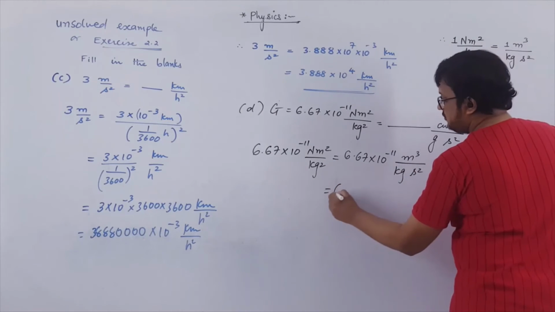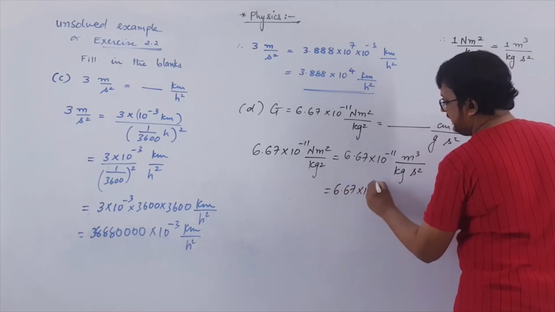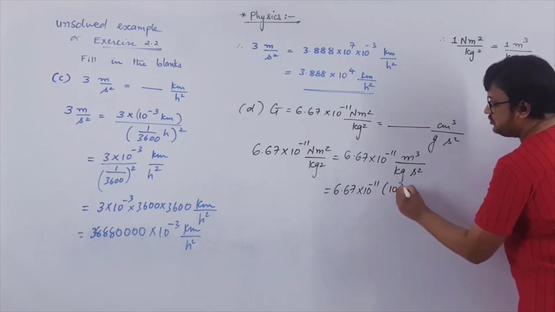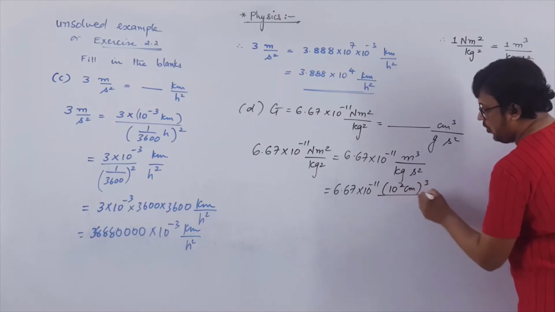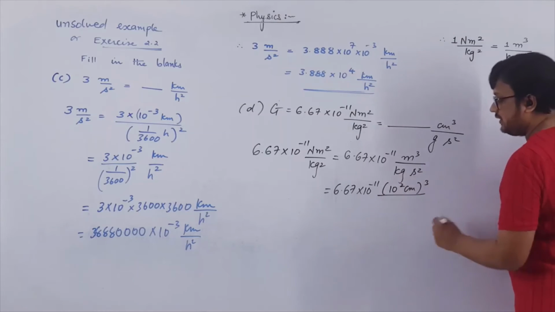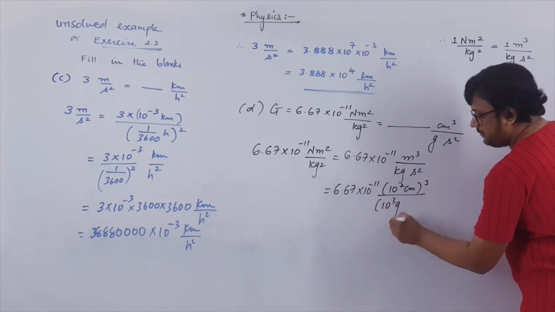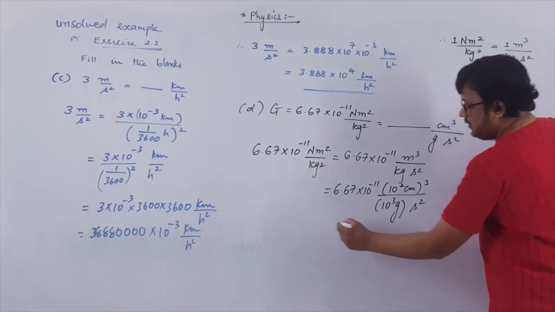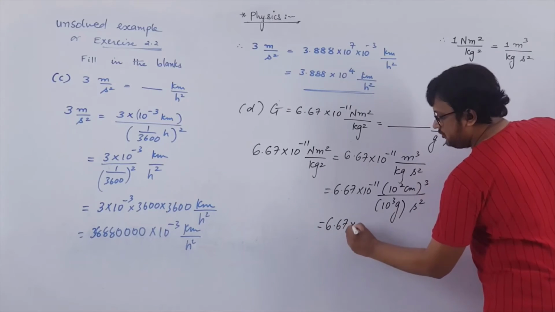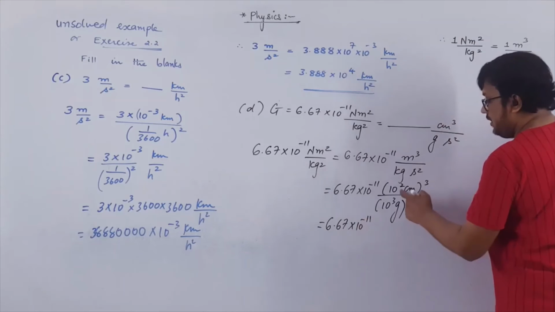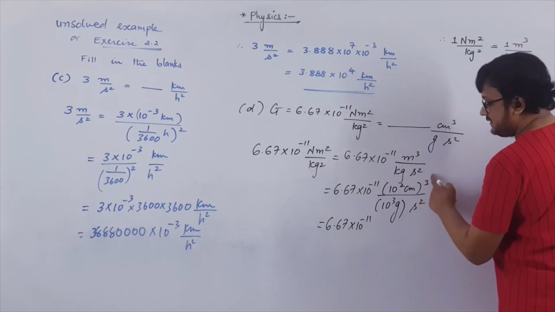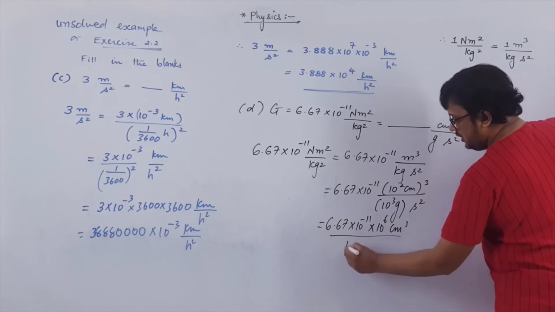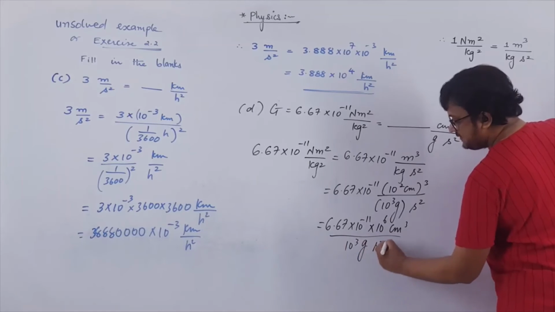So this will be equal to 6.67 into 10 raised to minus 11. Now 1 meter is 100 centimeter, so 10 raised to 2 centimeter whole cube, over 1 kg is 1000 gram, 1000 means 10 raised to 3 gram, and second square as it is. So this will be equal to 6.67 into 10 raised to minus 11, into 10 raised to 6 centimeter cube, since 2 3s are 6, over 10 raised to 3 gram second square.